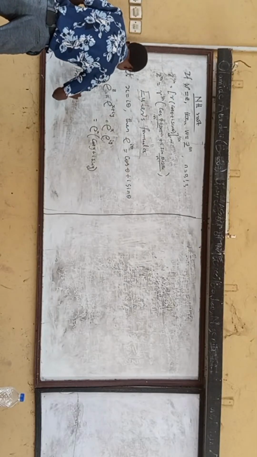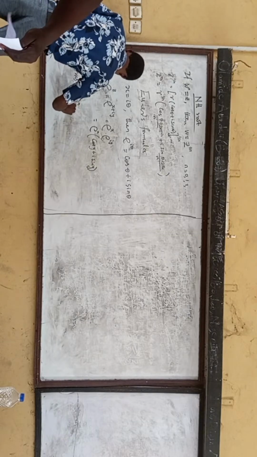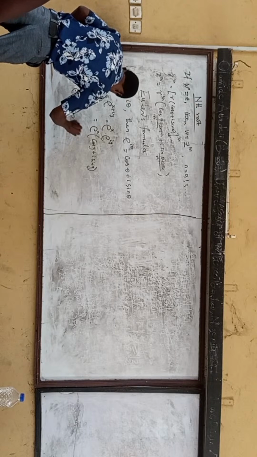So thus, if we have e to the power i theta over n, that will be e to the i n theta.